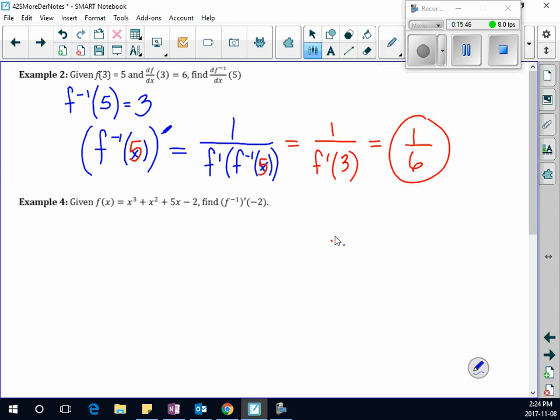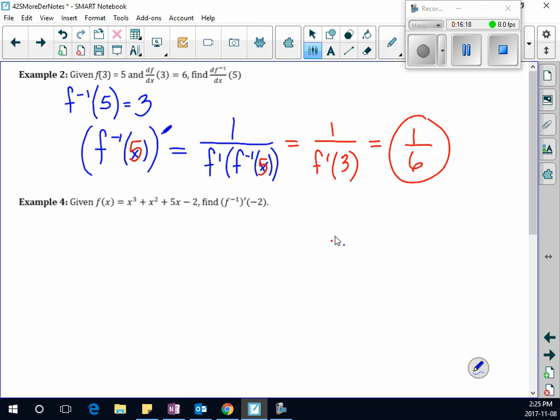If we look at this, this is the inverse function of -2 derivative. So what does this -2 actually represent? This is the input of the inverse, which is the output of the original. So does anybody know what the original function input will give you that? Yes, 0.